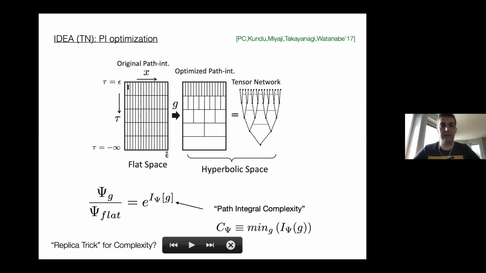And so more precisely, the original path integral in the quantum field theory is computed on the Euclidean plane that we put here with some mesh, a mesh of a flat space. And here at tau equals epsilon, we impose a boundary condition for all the fields of the theory.